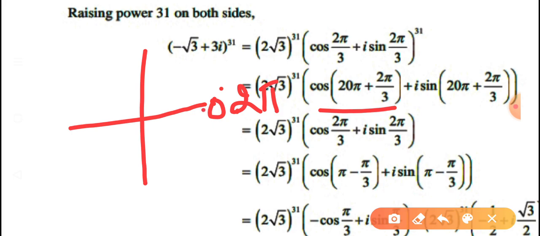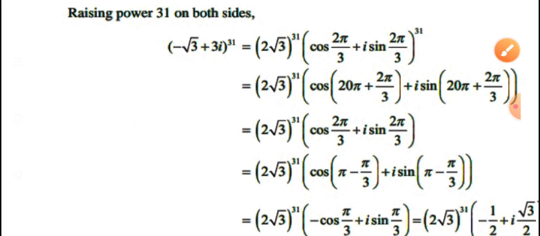So 20 pi plus 2 pi by 3, we get only 2 pi by 3. 20 pi is an even number of times, so we write cos theta only plus i sin theta. So cos 2 pi by 3 plus i sin 2 pi by 3.